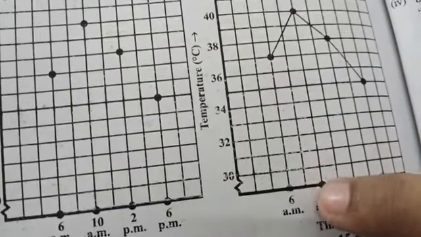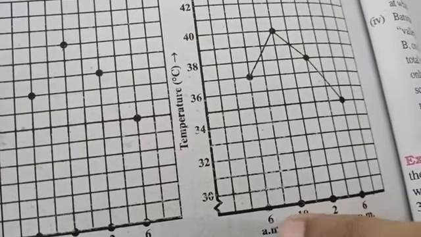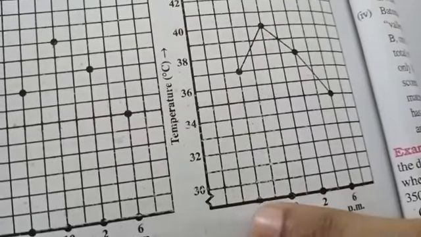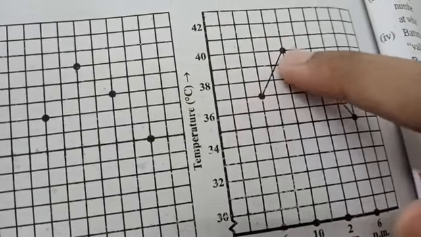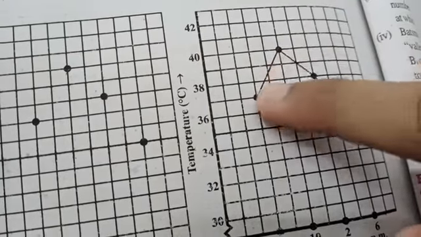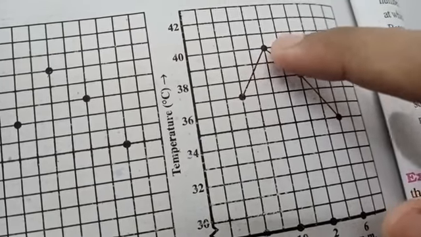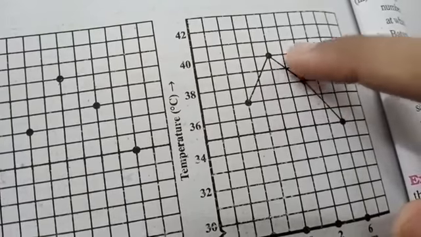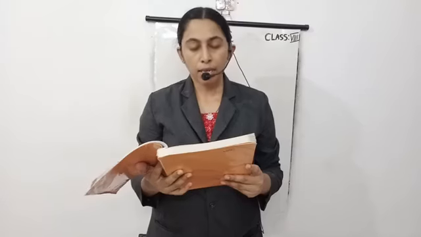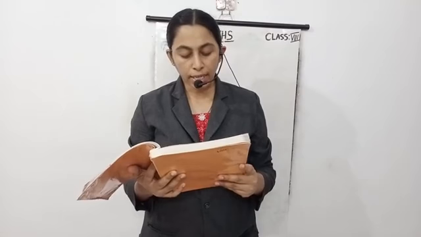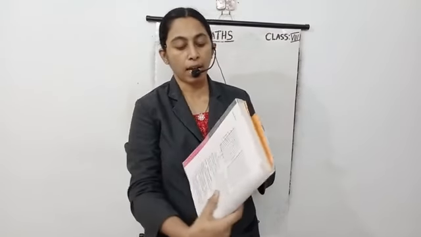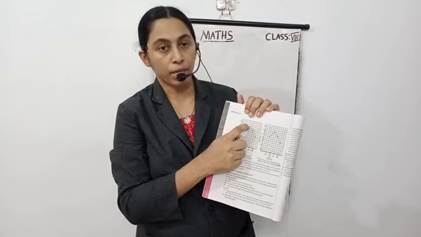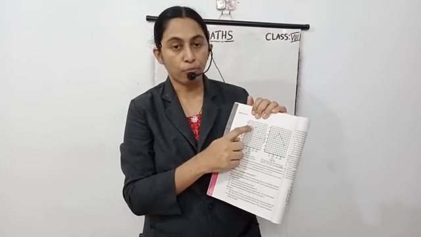Then it is important to draw carefully: next 6, then next is 10, so the line is drawn like that. Then adjacent to the line, the dots we joined, we get a line graph. Here, each piece of data is shown by a point on the square grid. Each data is shown by a point, not in the form of bars.